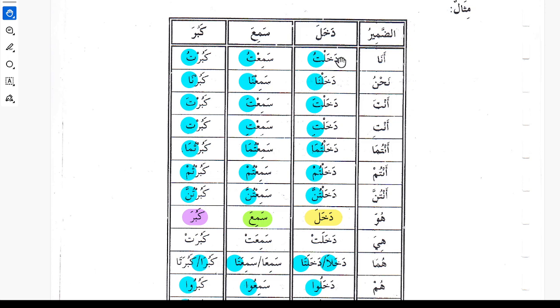So you would see that the first letter is the same, it does not change. The second letter does not change. The third letter changed from fatha to sukoon.